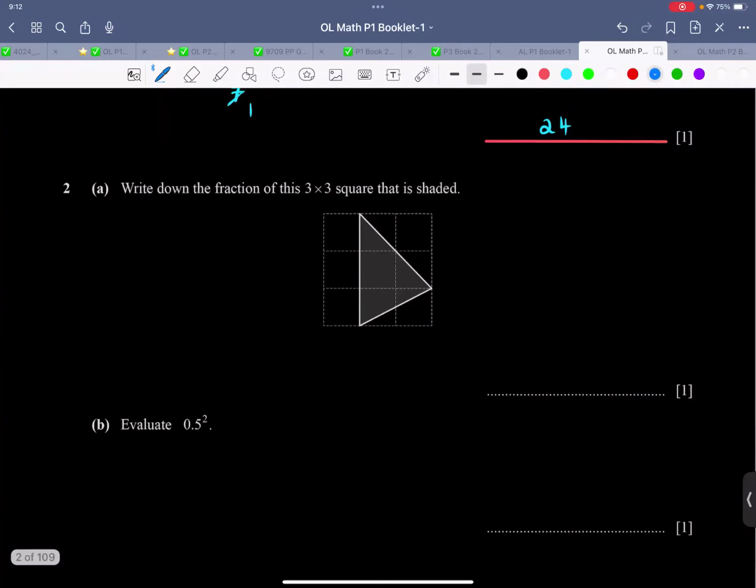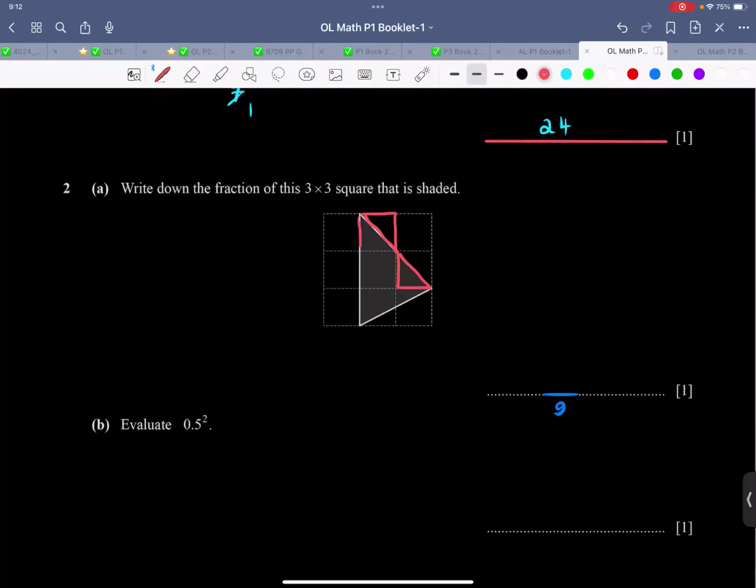So now over here, how many squares do we see? If I focus on the square, there are 9 of them. 1, 2, 3, 4, 5, 6, 7, 8, and 9. So the denominator is 9. Now let me erase this thing, and let me focus on this. This half square over here can go in place of this.